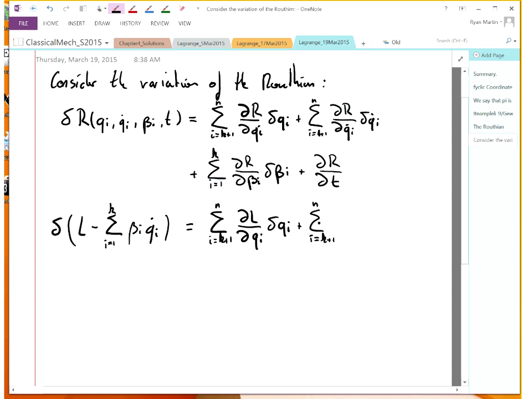So i equals k plus 1 to n, partial L by partial q_i dot, delta q_i dot. Then I have the usual partial time derivative. And then I have minus delta of the sum from i equals 1 to k of beta_i q_i dot.